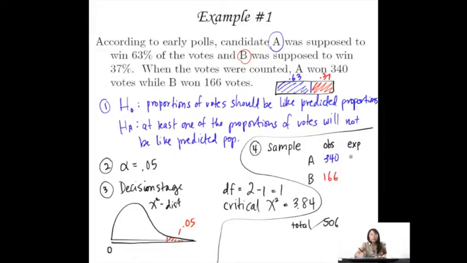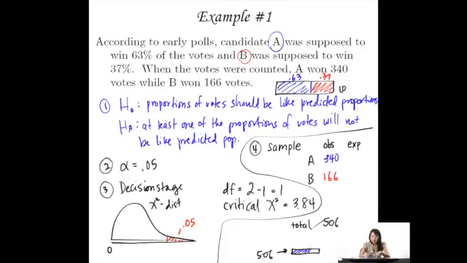And I know that my proportion of expected should be 63%. That means if this is the total number of people who voted, here's our little sample of 506 people, this is our 100%. We should expect 63% of 506 to have voted for A. And how do we find that?